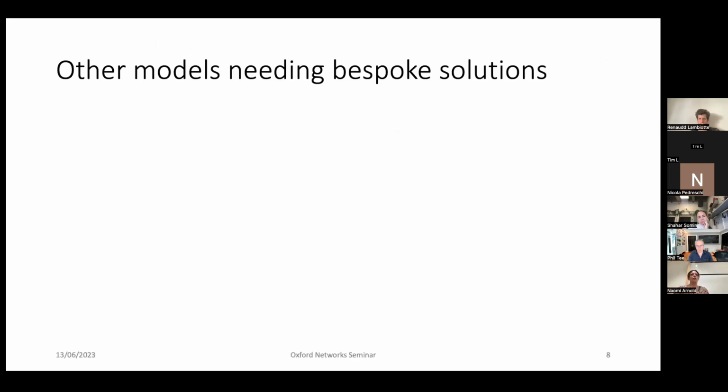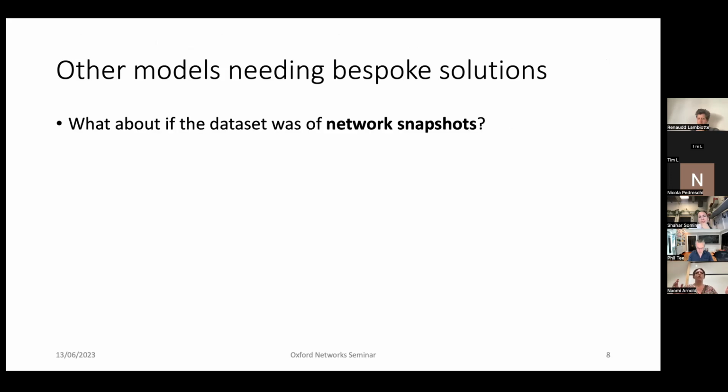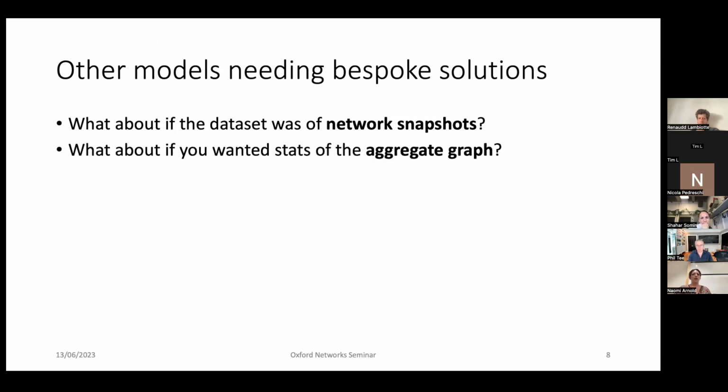Another thing is, when we talk about temporal networks, there are lots of different ways you might see a temporal network. Some people would look at temporal networks as a series of snapshots of different static networks. Sometimes you think of it as a growing network where the links are only arriving.